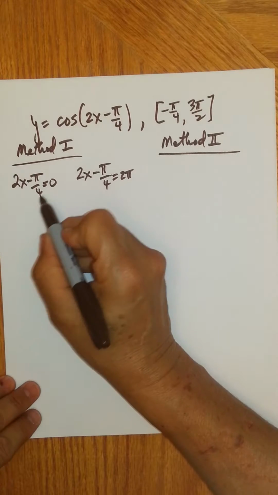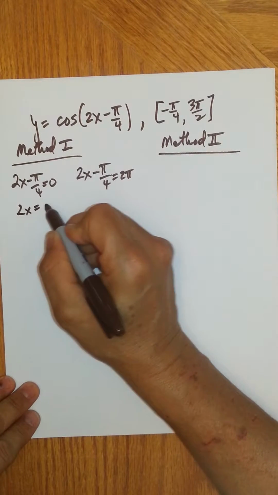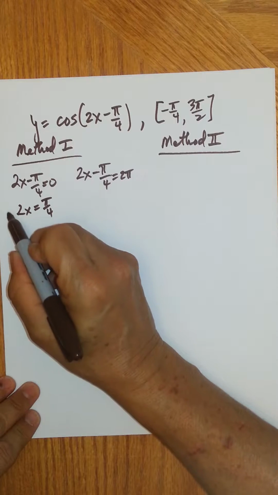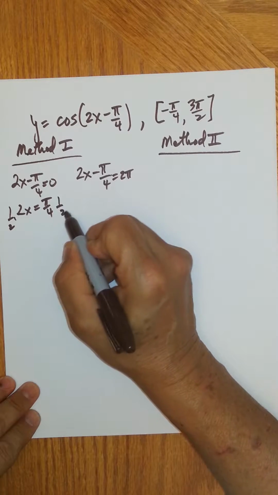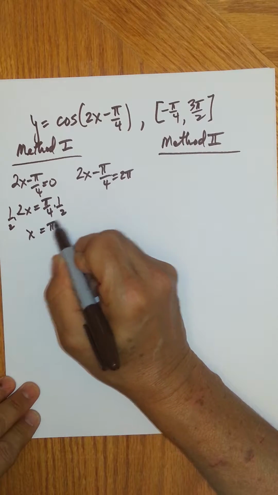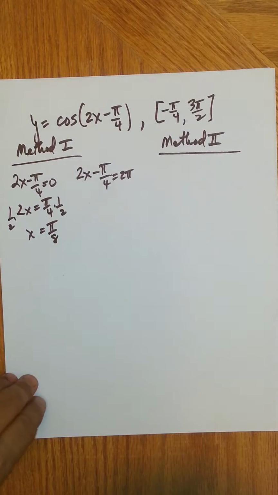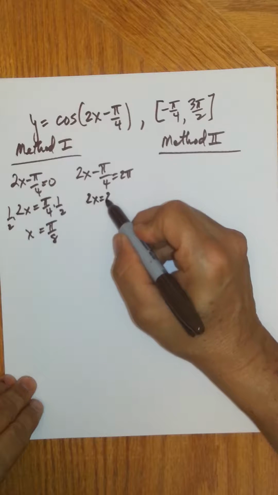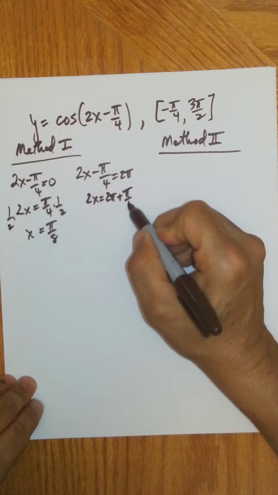so I'm solving for that. All right, so here I would have 2x equals pi over 4. And now I take half of both sides. And so x equals pi over 8. Right? Now over here I would have 2x equals 2 pi plus pi over 4.